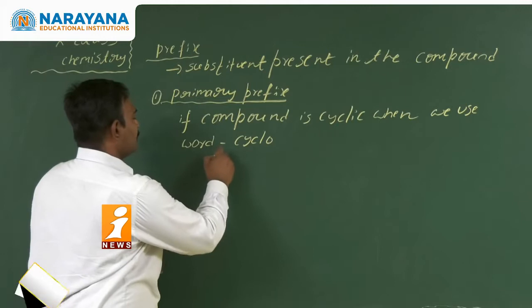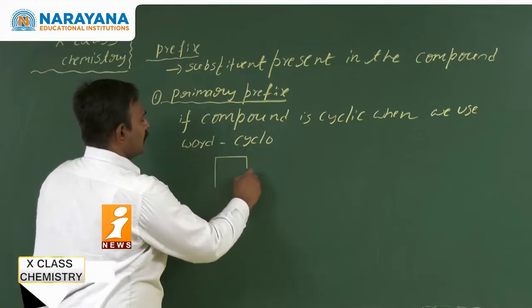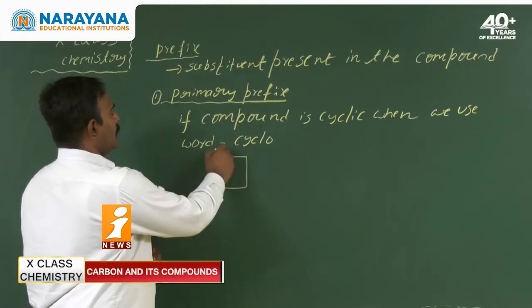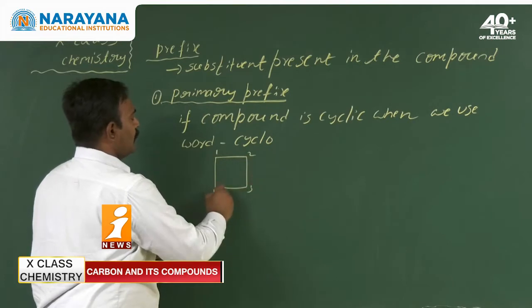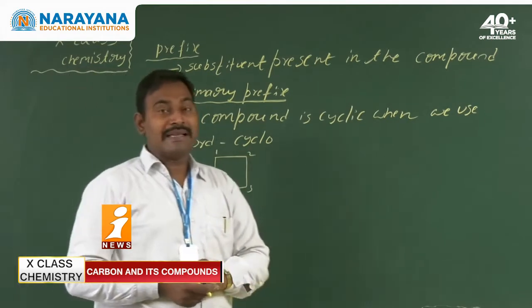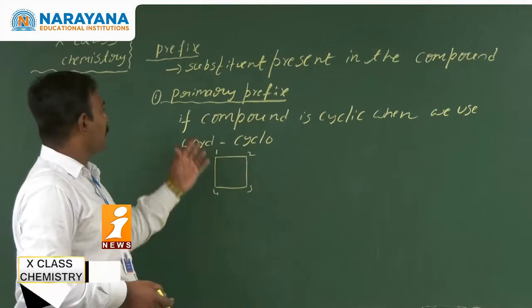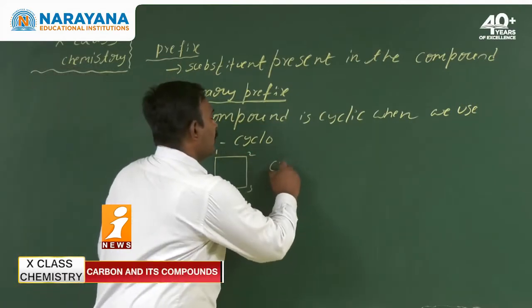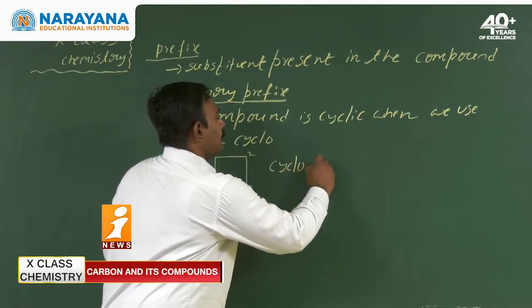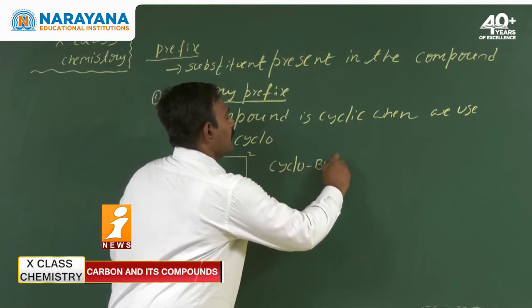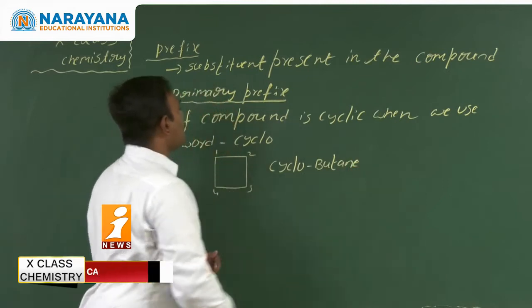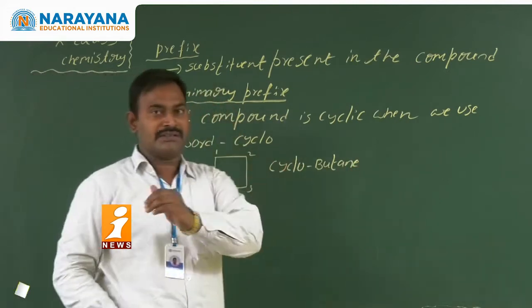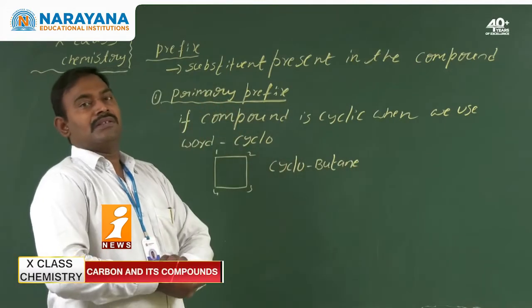That means see here, it is your compound. Total how many carbons are there? 4 carbons, and a cyclic compound. So the prefix will be cyclo. Then the name of the compound will be cyclobutane.